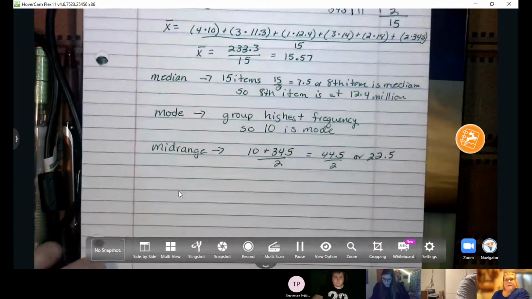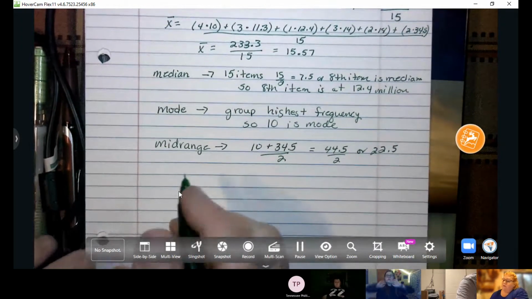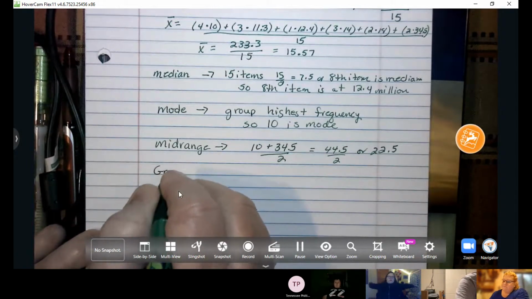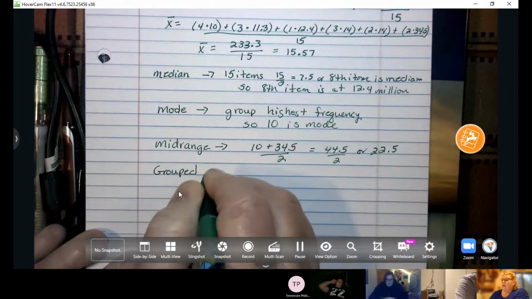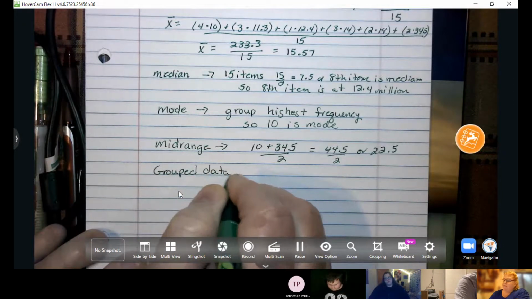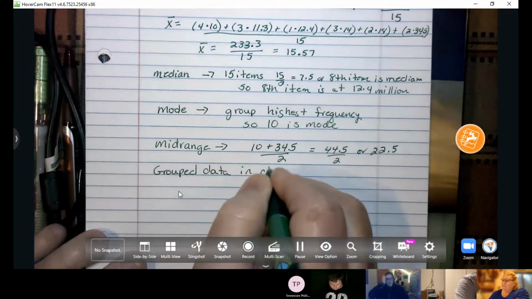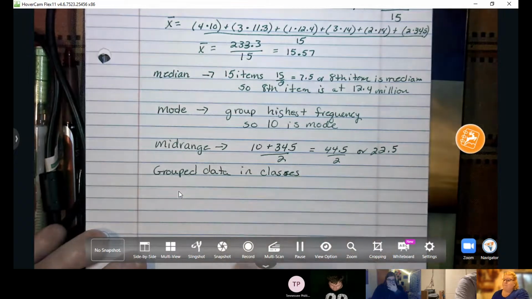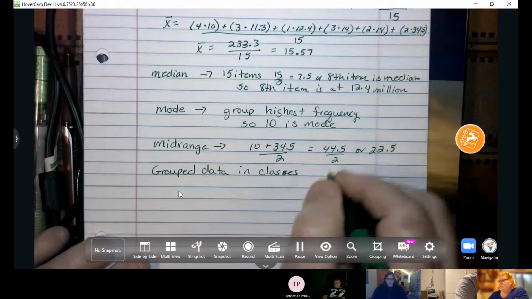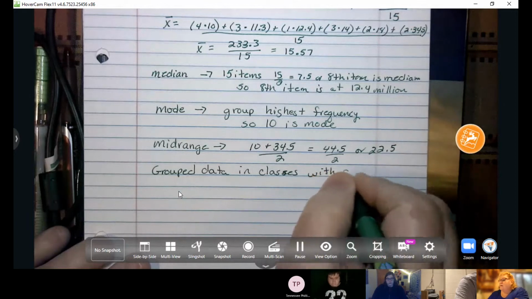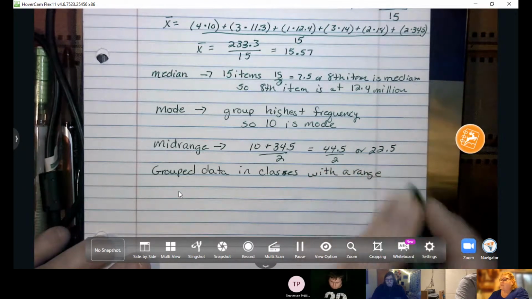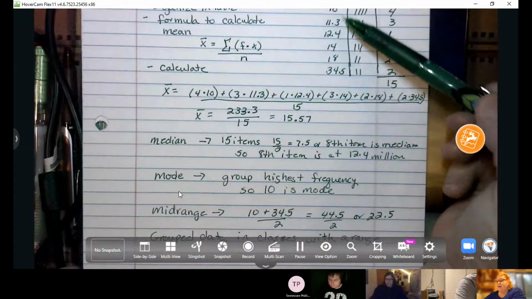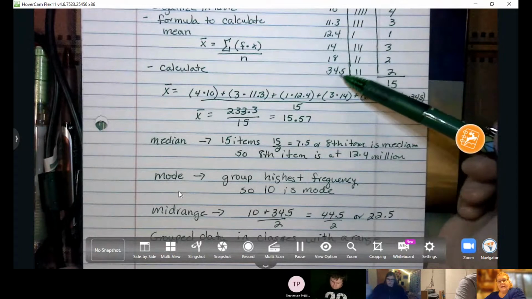Now also, in the unit that you're doing on your own with frequency distributions, sometimes group data has what we call classes. And the classes have a range. Now, our group data classes here are each of these particular items.